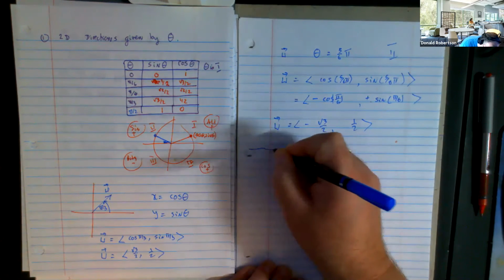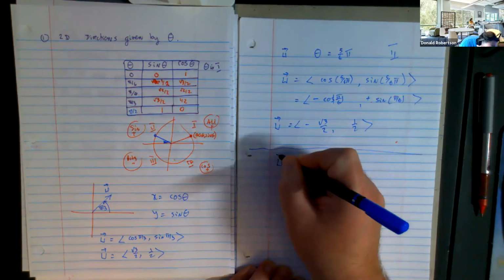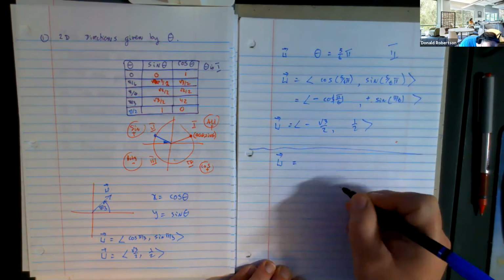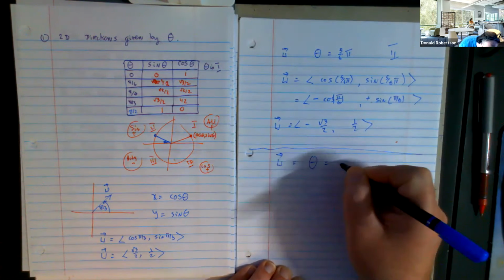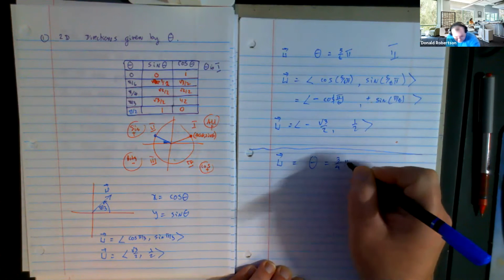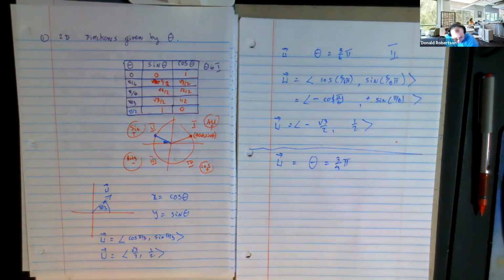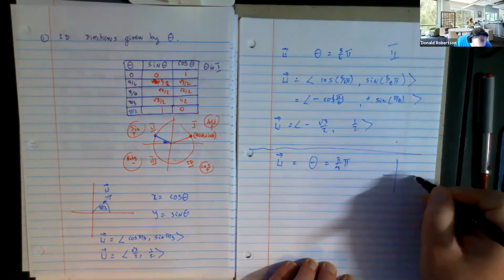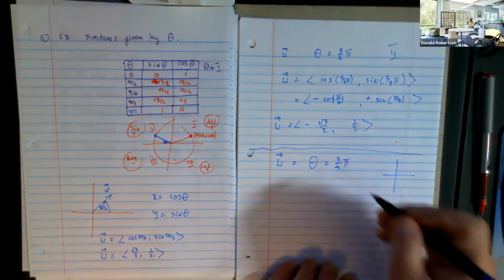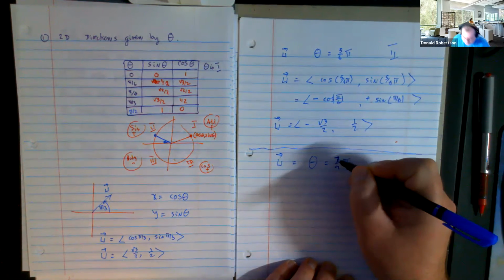I want to do one more, and then I'll move off of this particular question. The angle that we want to find a two-dimensional unit vector for is the angle of 3/4 pi. No, 3/4 is too small. Change my mind.